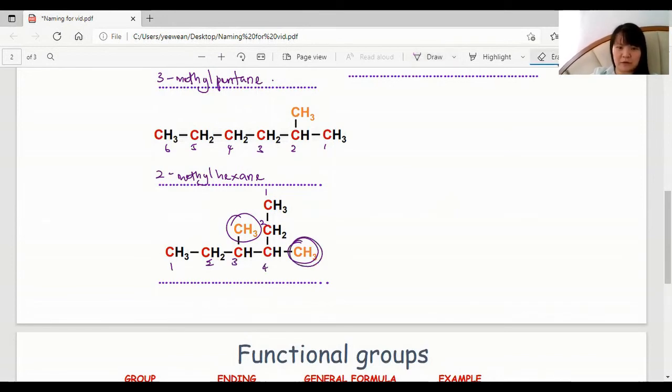So it makes no difference whether I count from the top or from the left. Either way, number 3 and number 4 have the methyl group. So 3,4-dimethyl, there's 2 of them, and 1, 2, 3, 4, 5, 6, hexane.